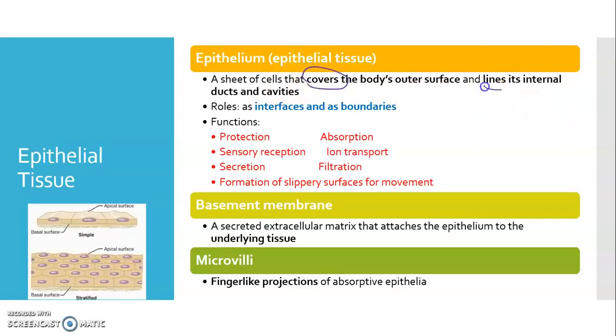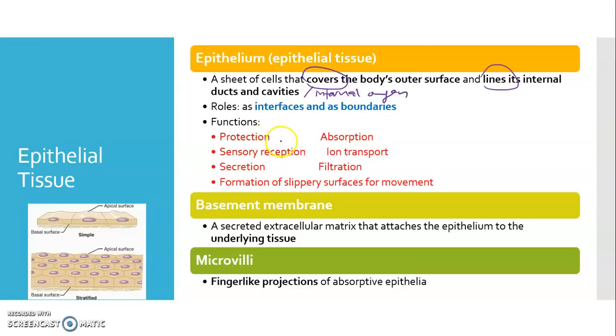Okay, and then it lines the internal ducts and also some of the cavities, and also the internal organs. And then the keyword for the main role is interfaces and boundaries. Okay, the roles, and then the functions.